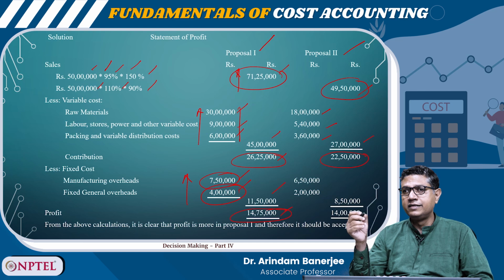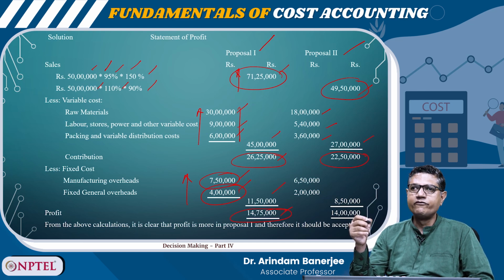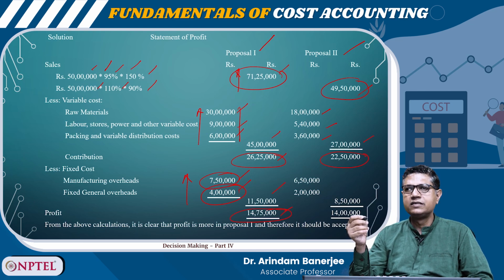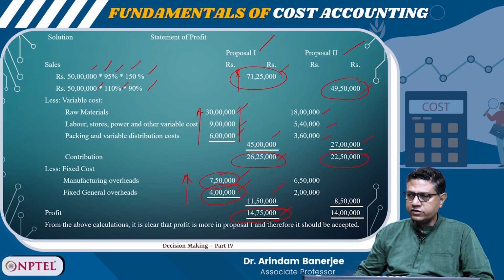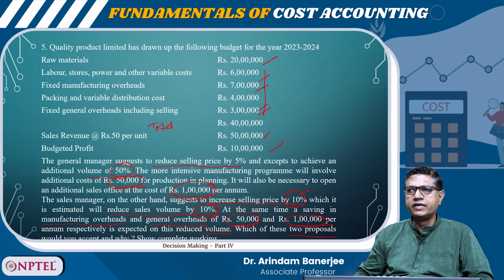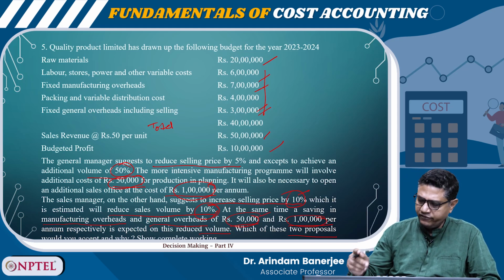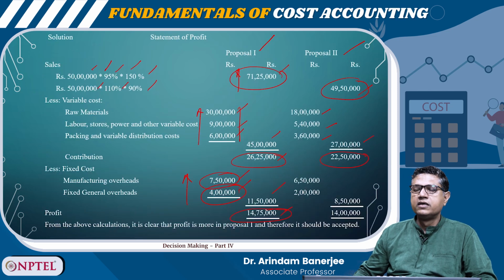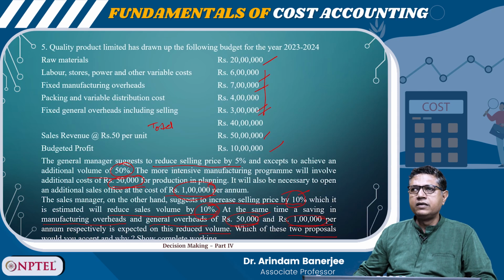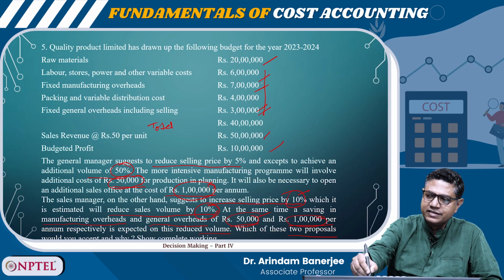But in the second case, the company is also going to save money in fixed cost, right. So, fixed costs are reducing. The first reduction is 50,000. My original fixed manufacturing overhead was 7 lakh.